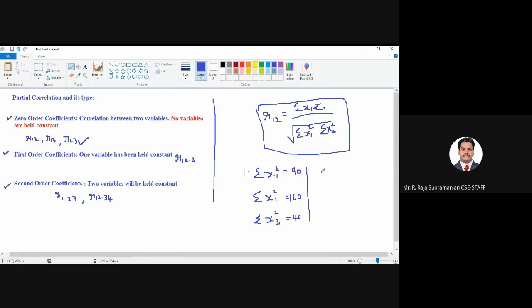Summation x1 x2 is given, it is 60. Summation x2 x3 is 60.